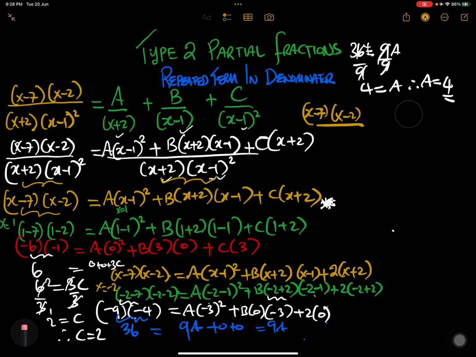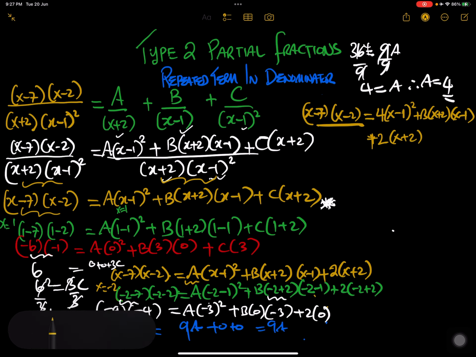The a that we were able to achieve, we got a to be 4. So we're going to plug it in there: 4(x − 1)² + b(x + 2)(x − 1), and then that is all being added to 2(x + 2). All right, I hope this helps so far.